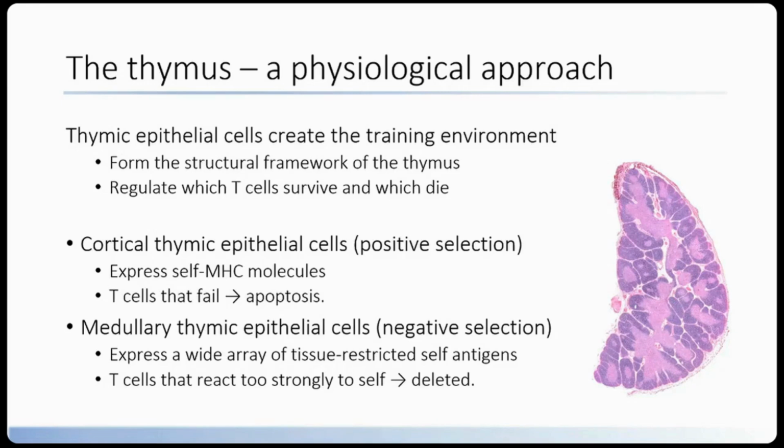However, the medullary thymic epithelial cells are involved in negative selection. So over-affinity to self-antigens results in deletion. Hopefully you end up in what can be described as a Goldilocks zone of not too much self-awareness or reaction to self-antigens.